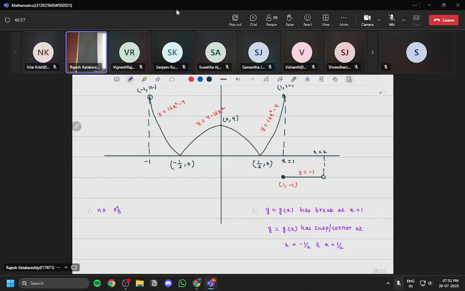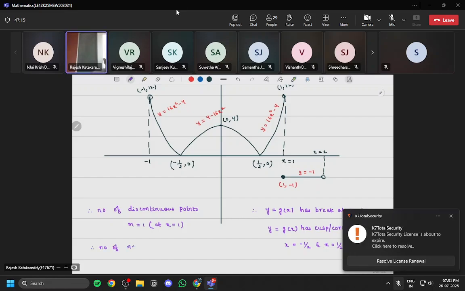Number of discontinuous points: m = 1, that is at x = 1.